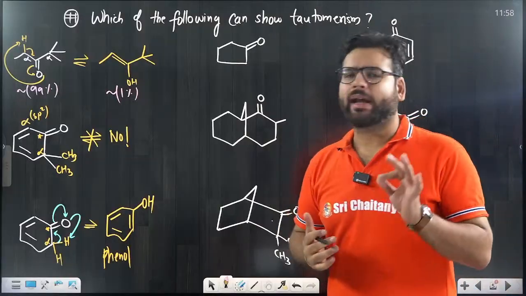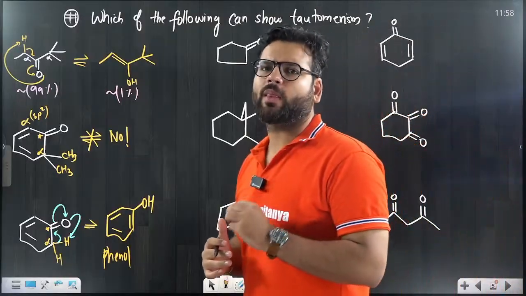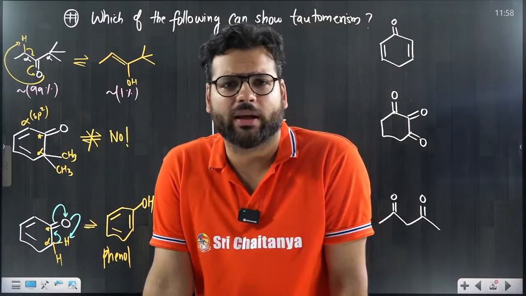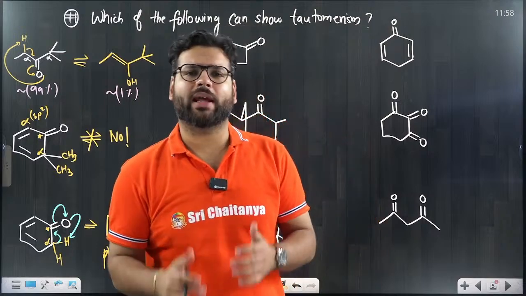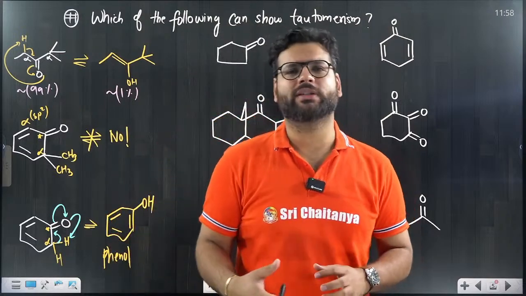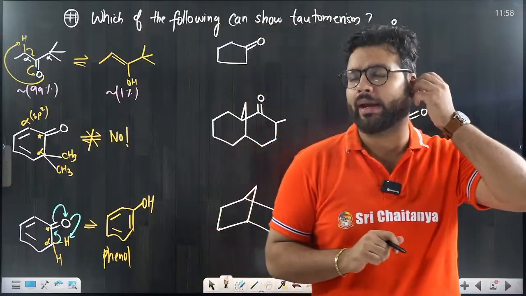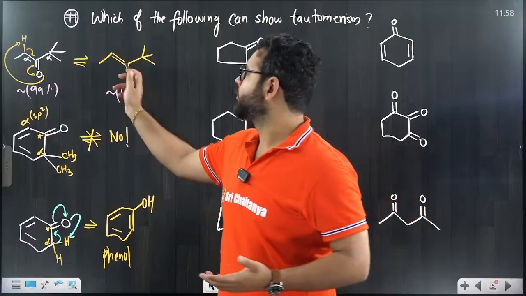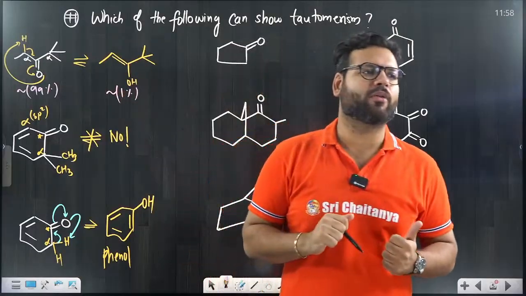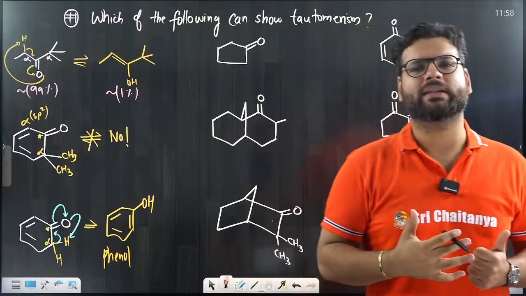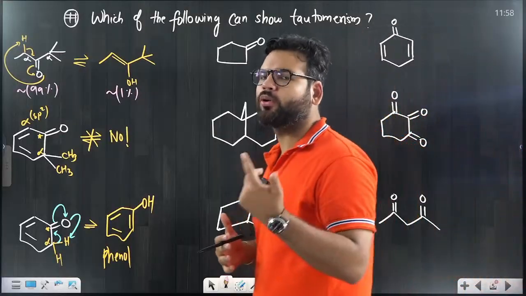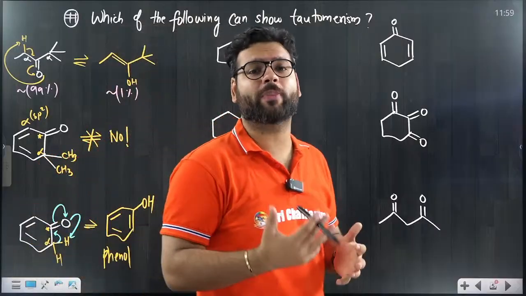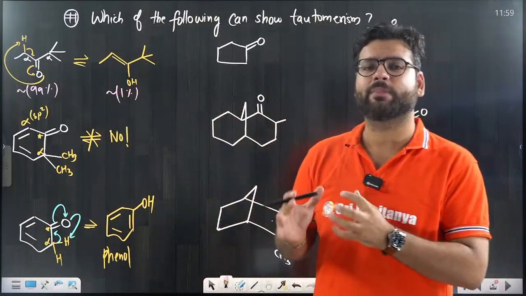Most of the times, out of 10 cases, in 8 or 9 cases, keto will be more stable. Why? Because C double bond O has more bond energy than C double bond C. The pi bond is much more stable in the keto form than in an alkene.